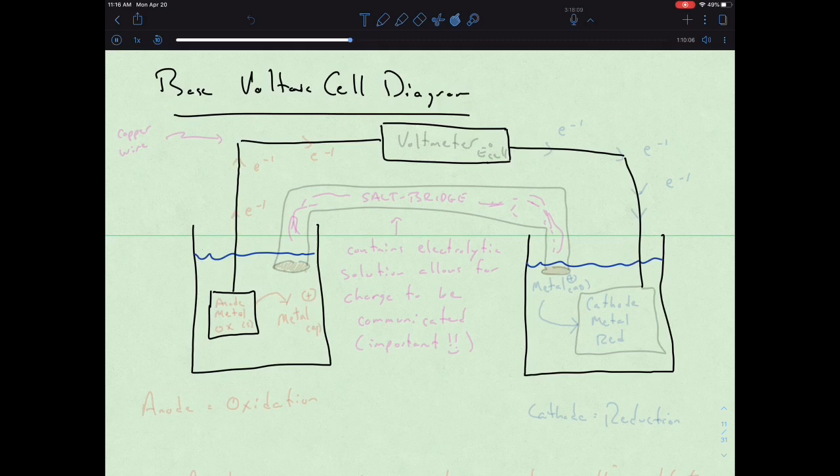So we have here just the basic setup. Sorry for my cartoon. On the left side, we have our anode, and that's the metal that's undergoing the oxidation.